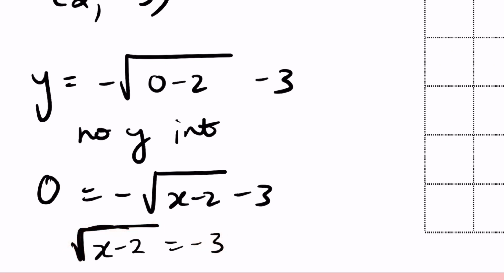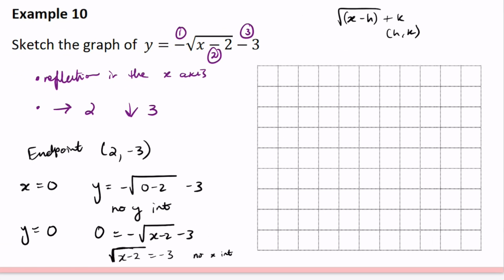So even though when you try to do this, you will get an answer, it's actually not going to give you an accurate representation of what the x-intercept is. So at this stage, there is going to be no x-intercept because of this fact that you can't square root a number to get a negative number. And when we graph it, I think that'll make more sense as well. So let's go ahead and start graphing that on now.